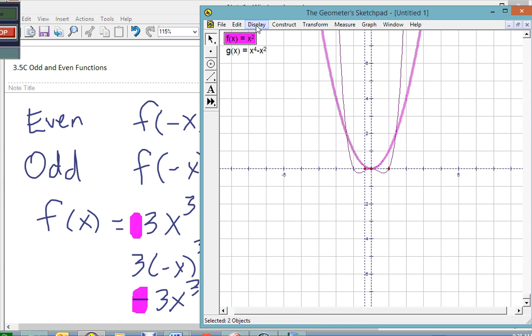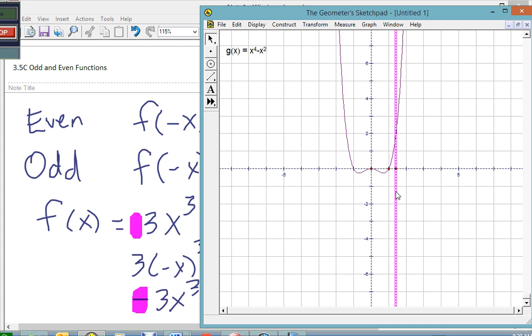Okay, so here, this is even, right? x to the 4th minus x squared. And look what happens. It's symmetrical around the y-axis. So at 1 it's 0, at negative 1 it's 0. At 1/2 it's down there, at negative 1/2 it's down the same amount, right? Everything is the same on either side. So it's symmetrical. Even functions are always symmetrical.